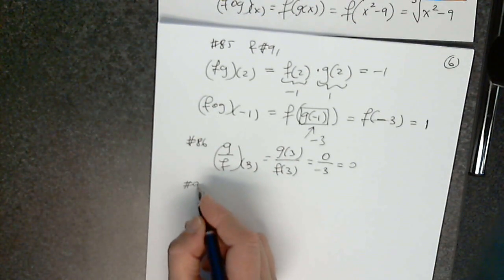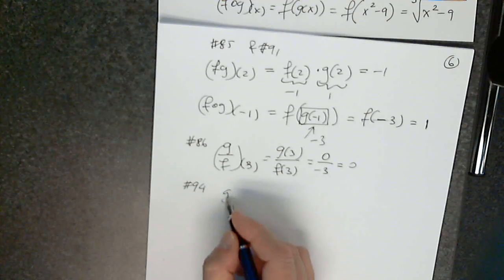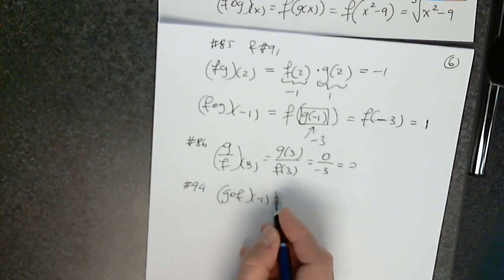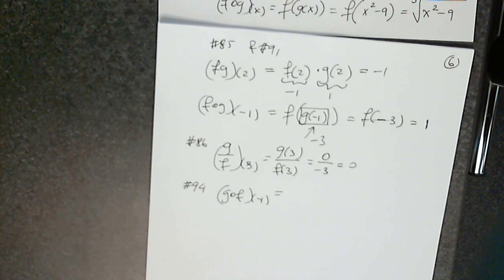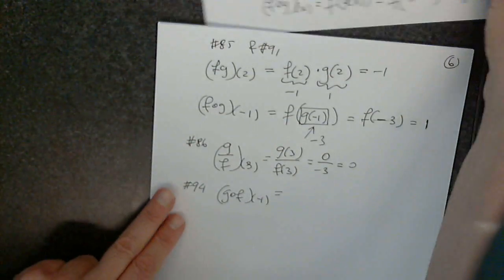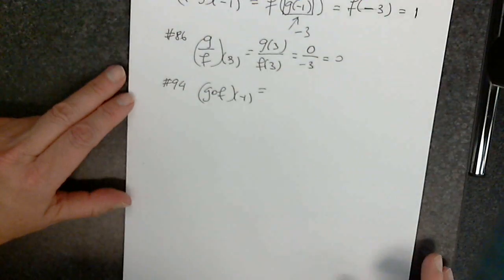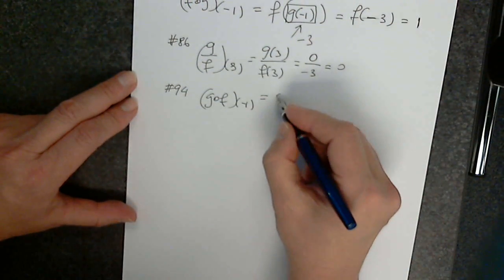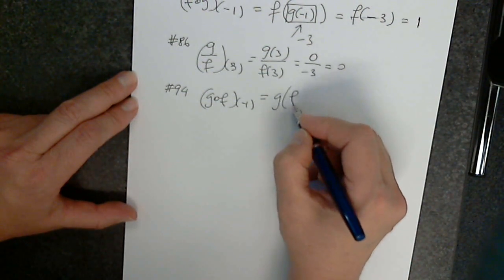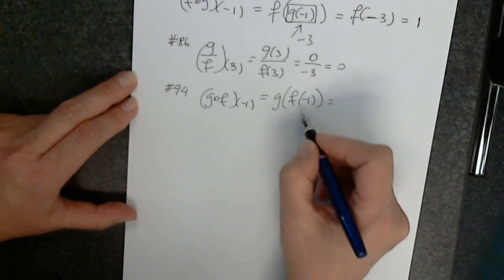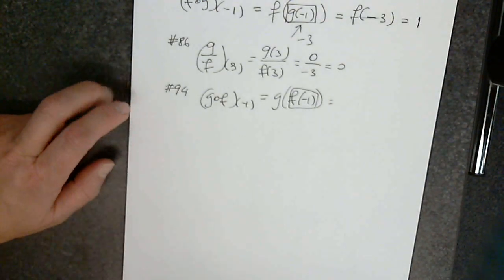Any questions? Stop me, please. G comp f of negative 1. I have to write the definition before I look at the graph. What is the definition of what we are asked to find? G of f of negative 1. Excellent. I have to start with the inner function.